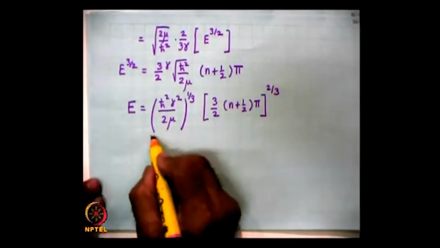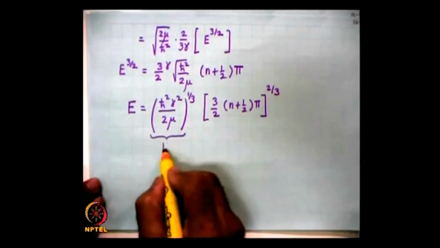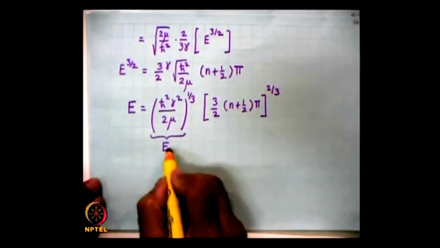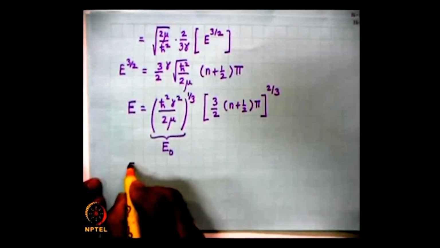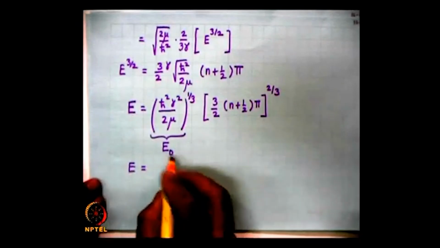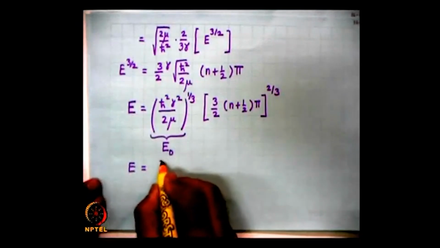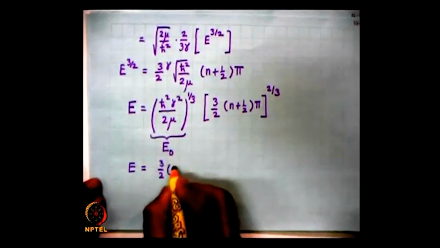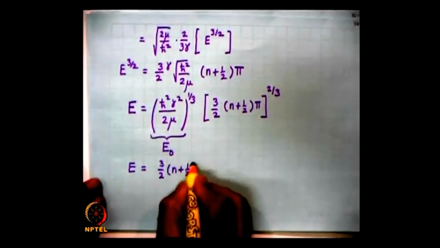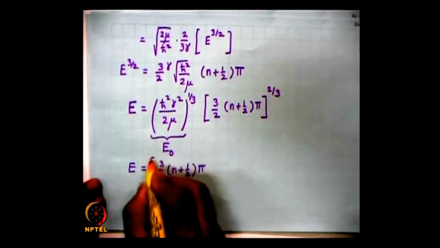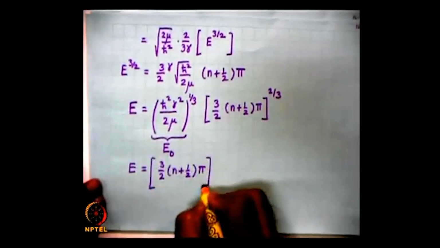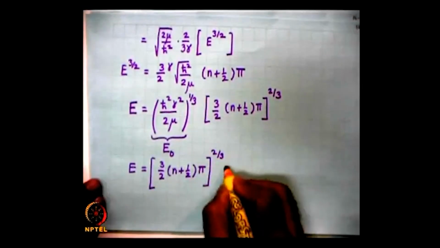Now let us suppose this I put equal to E0. So you get E is equal to 3 by 2 n plus half pi whole raised to the power of 2 by 3 times E0.